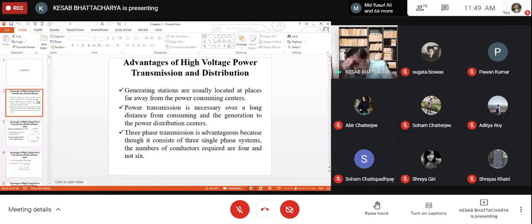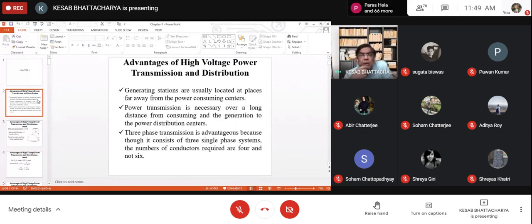Why this combination of voltage and current is selected is already known to you, but let us very fast recapitulate or brush up the particular thing once again.